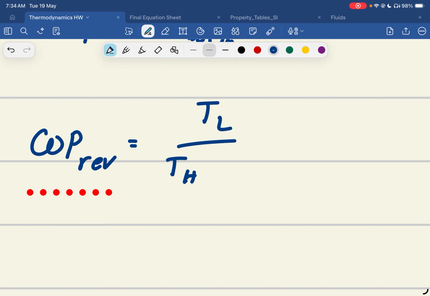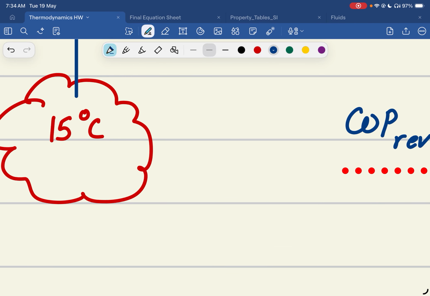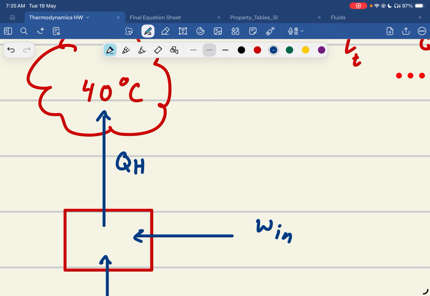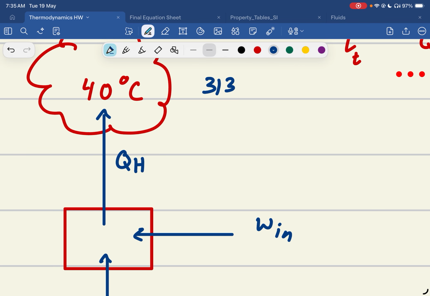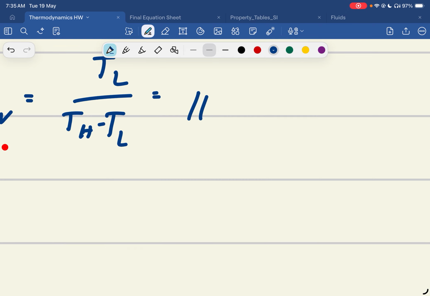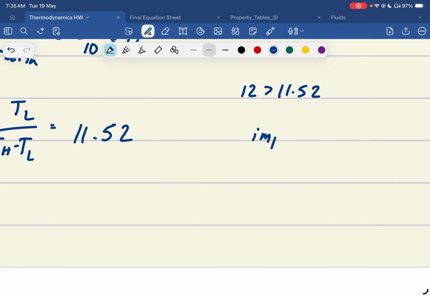Just convert everything to Kelvin: TL is 288, and 40 plus 273 is 313. So it's 288 over 313 minus 288, and that would equal 11.52. And because 12 is larger than 11.52, it is impossible.